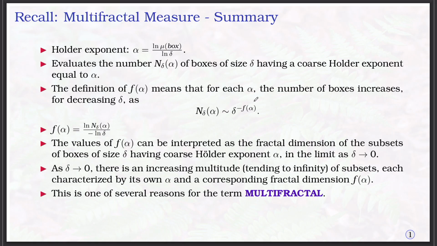For defining the multifractal measure, first we need to define what is the Holder exponent. The Holder exponent here we define as ln of mu of box over ln of delta. For example, if we have a structure like this one, we need to find the partition of this object by giving a cover of the object.